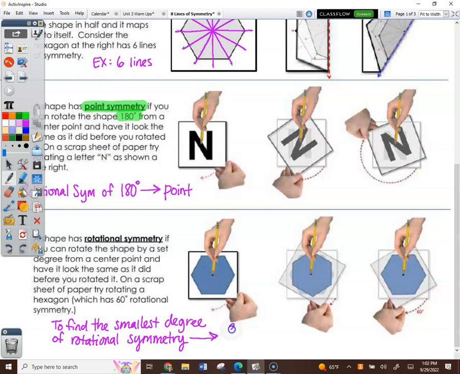And why do you think we only had 4 answers when we did the square? Only because it has 4 sides. Okay, so I'm going to write 360.